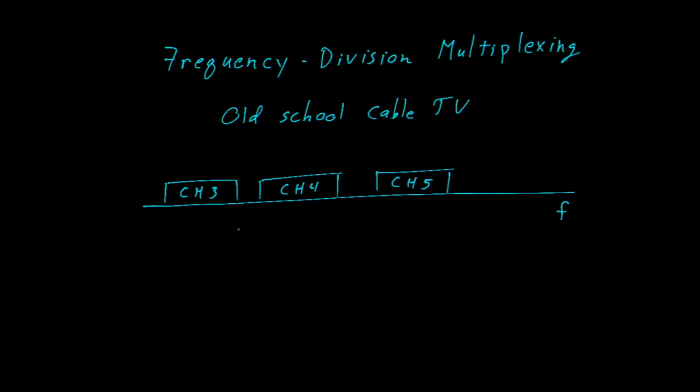For each individual channel, we could talk about the frequency domain. For example, channel 4 would have an F2 and an F1, so the bandwidth of channel 4 is F2 minus F1. That bandwidth is very important in FDM because we have to maintain each channel to a certain location.